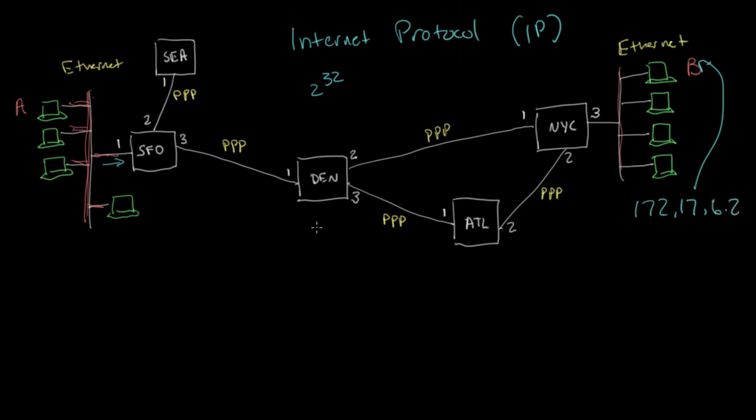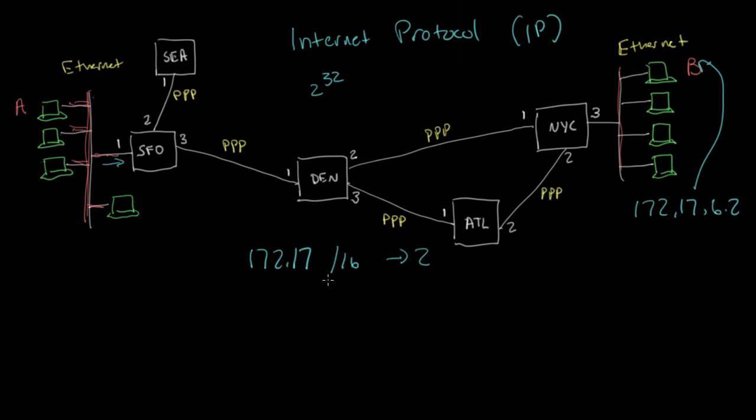So Denver, for example, could have a route in its forwarding table that says to get to the prefix 172.17/16, and I'll explain what that is in a moment, go out interface 2. And so when Denver receives a packet with the destination of this 172.17.6.2, it doesn't have to have that exact address in its forwarding table. It can just match this prefix.